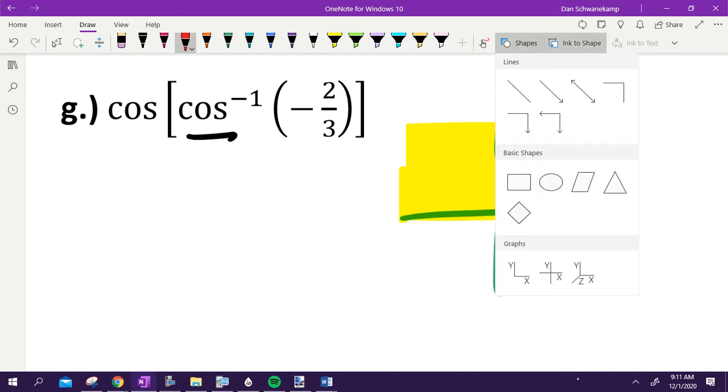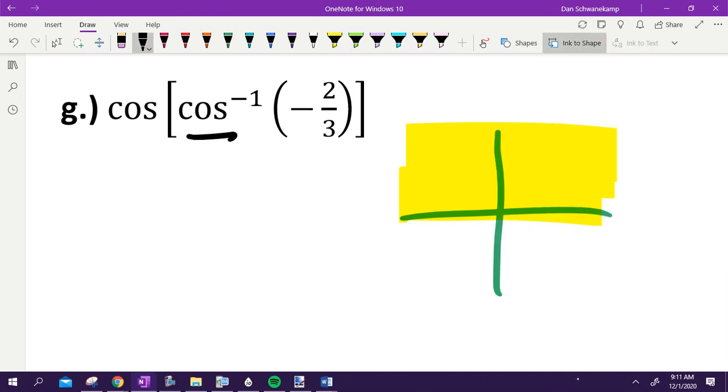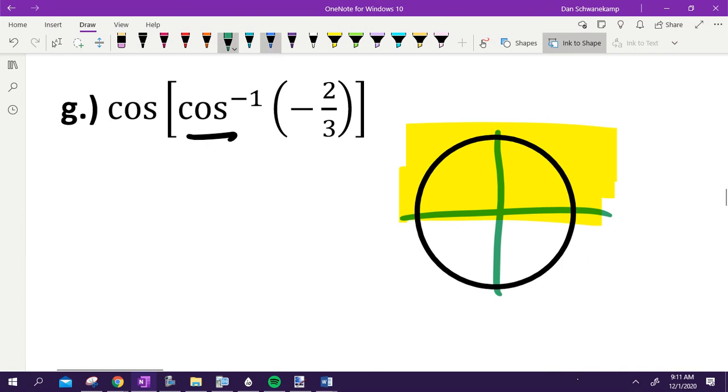We lose sight of that at times, but I've got a big old circle here. I want to know where in that circle the x value is going to be negative 2/3. Well, it's going to be in that second quadrant right there. Everybody know what this mystery angle is? Because I don't. I don't know what the angle would be that would get me this x value of negative 2/3.